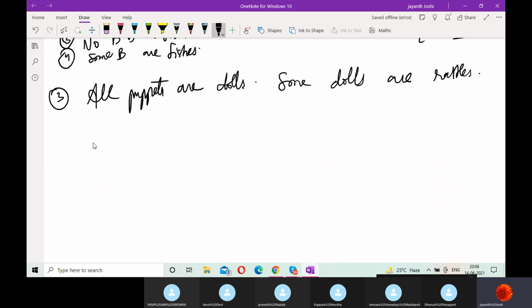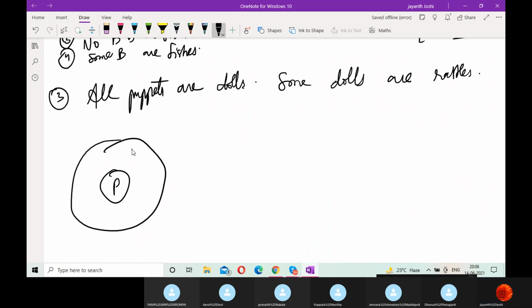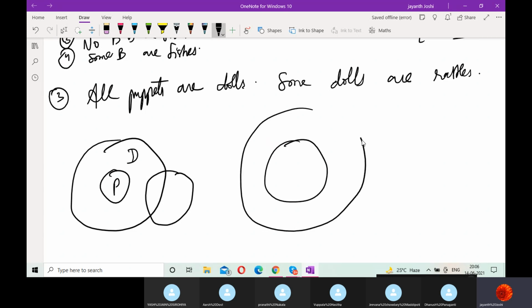So very simple. We will take all the puppets and dolls here. And they already said some dolls are rattles. Either we can cut like this, or all puppets are dolls and it can cut in this way also. This is rattles. Okay.